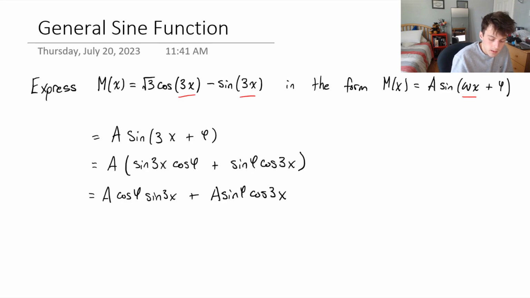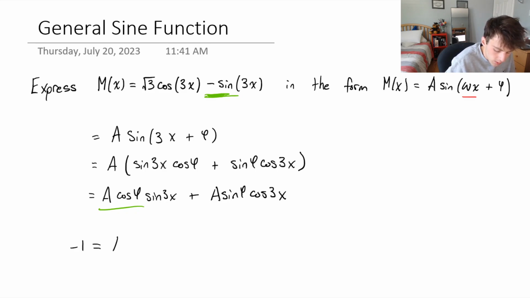Okay? So let's take a look here. We've got a cos phi as the coefficient on our sine 3x term. Let's take a look at the sine 3x term from the expression that we were given. You can see that the coefficient on this term is -1. So we have -1.